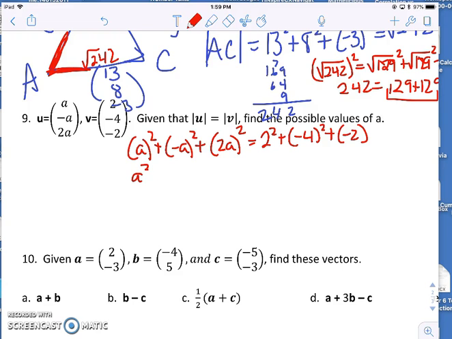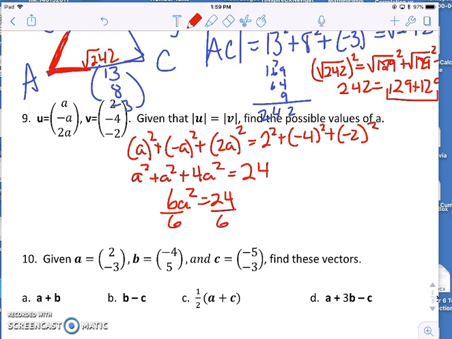Well, this is a squared plus a squared, 2a squared, 4a squared equals, let's see, 4, 16 plus 4 is 20, plus another 4 is 24. So this is 6a squared equals 24. Divide by 6, so a squared equals 4. So a could equal either positive or negative 2.